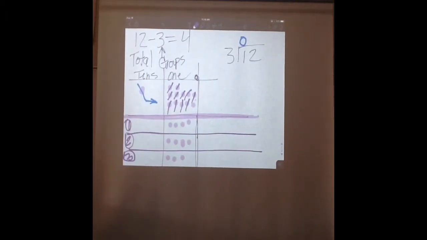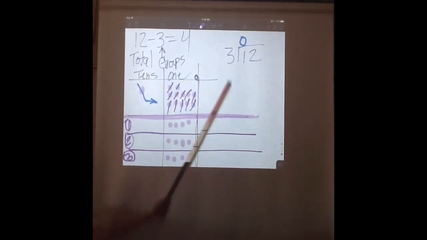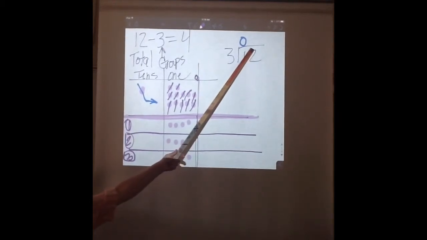And I'm going to do this last one. Now, how many dots do I have in each of my categories? 4. I have 4. So my answer that's going to go on top here is what?